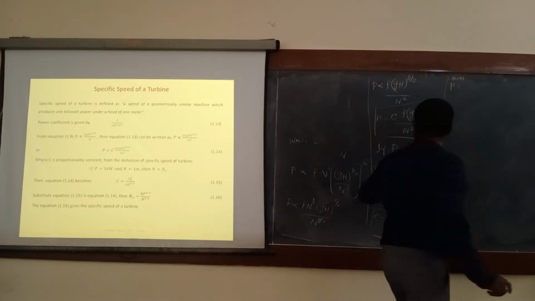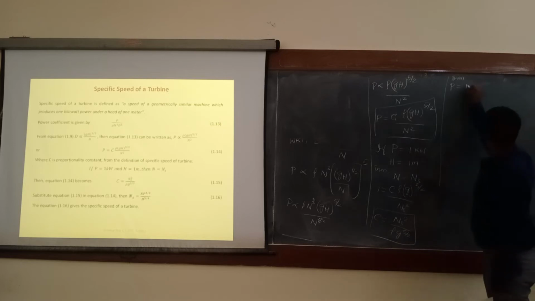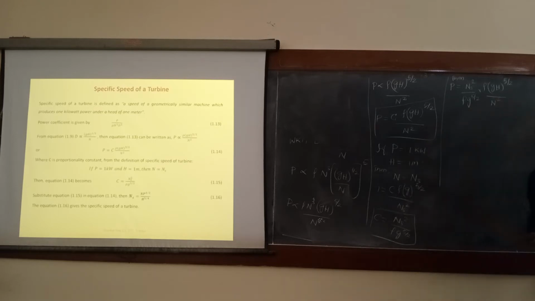Then power is equal to ns square divided by rho g to the power of 5 by 2, into rho (gH) to the power of 5 by 2 divided by n square. Here rho gets cancelled, and g to the power of 5 by 2 gets cancelled.